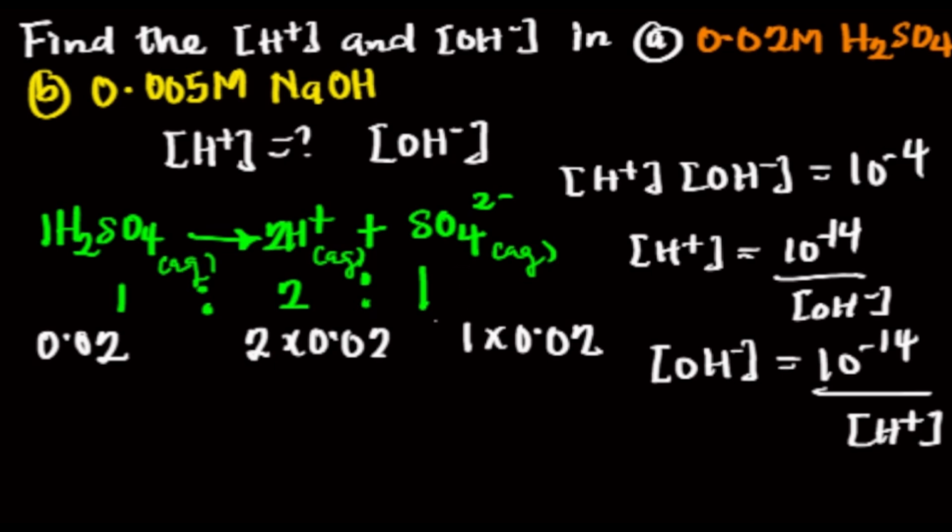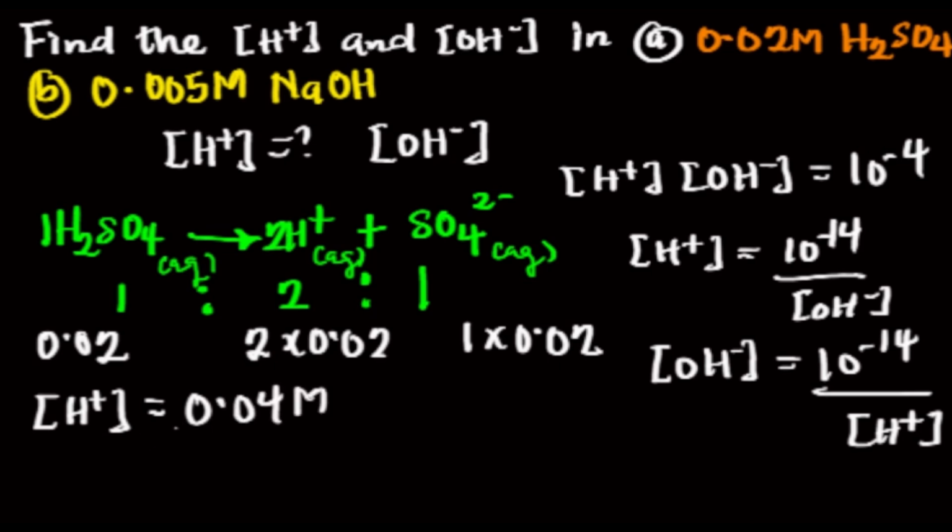That's what we are going to have. So from there, that shows that the concentration of hydrogen ion is actually 2 multiplied by 0.02. That's going to give us 0.04. Actually, that's the concentration of hydrogen ion that we're going to have.